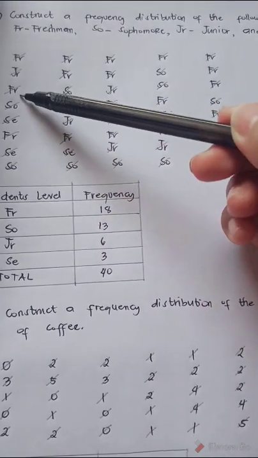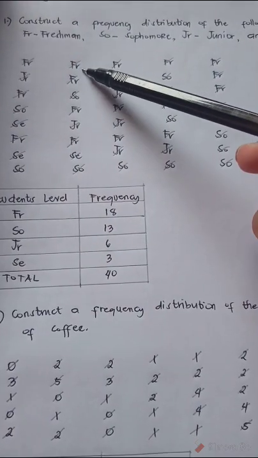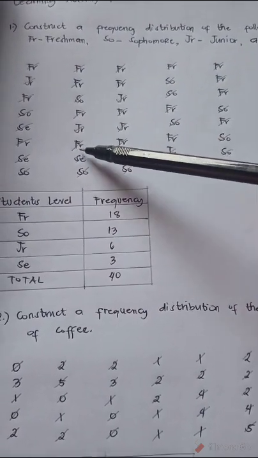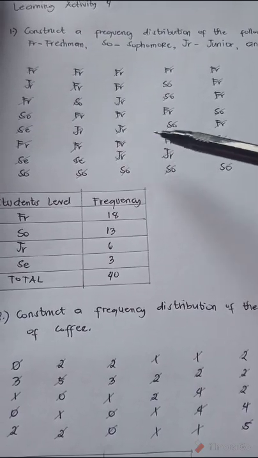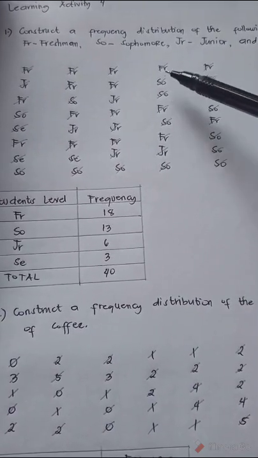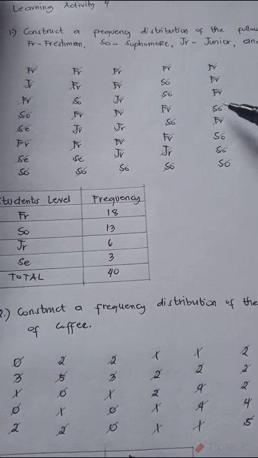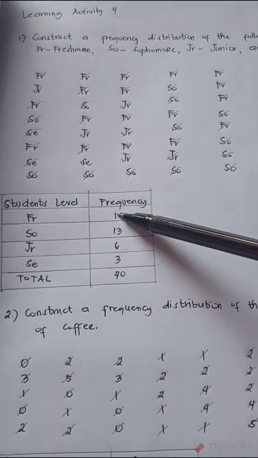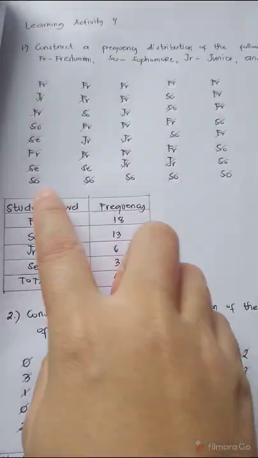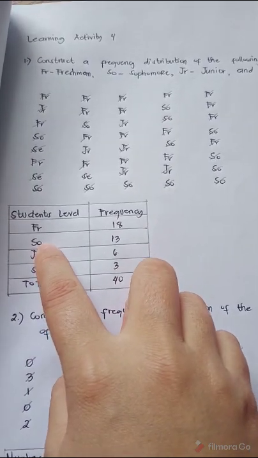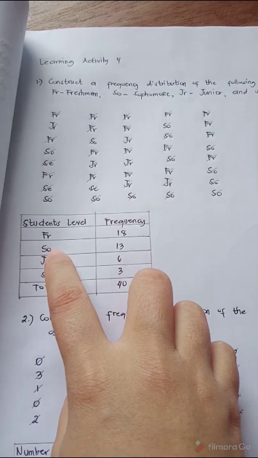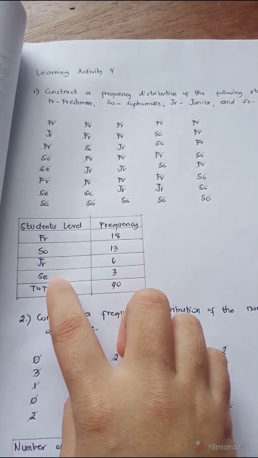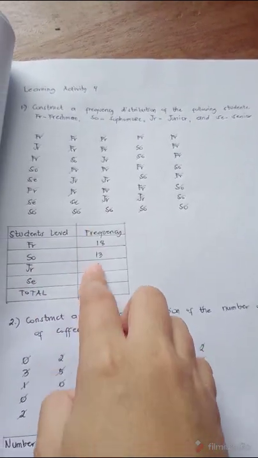Then 1 2 3, then 4 5 6 7 8 9 10, 11, 12, 13, 14, 15, 16, 17, 18. So, that's how I get my frequency. 18 ka buok FR. So, on sa maupod sa SO, JR, and SE, which is the freshman, sophomore, junior, and senior. So, ginana na ko pag ang frequency.